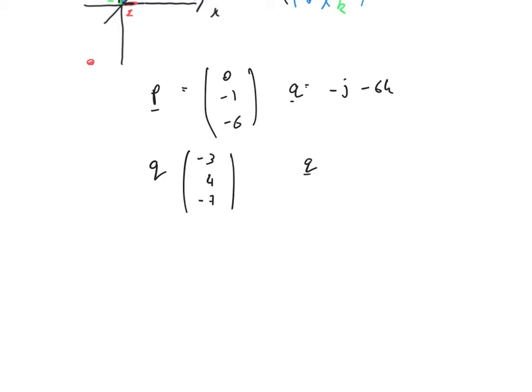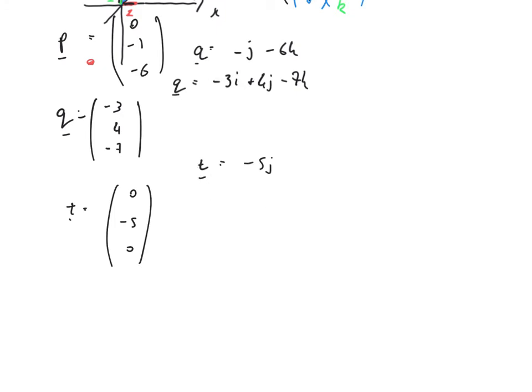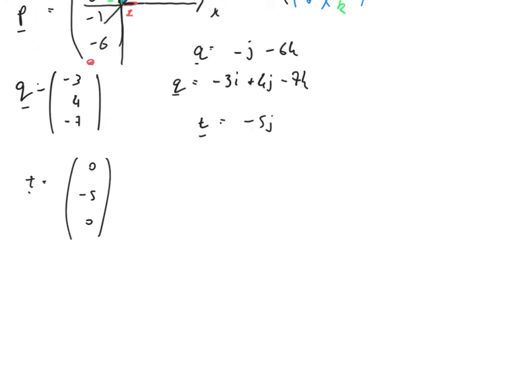That would be minus 3i plus 4j minus 7k. Let's say I had a vector t, and the vector t was 0, minus 5, 0. So 0i minus 5j and 0k. So that's a quick look at moving from column vector form to the form i, j and k.